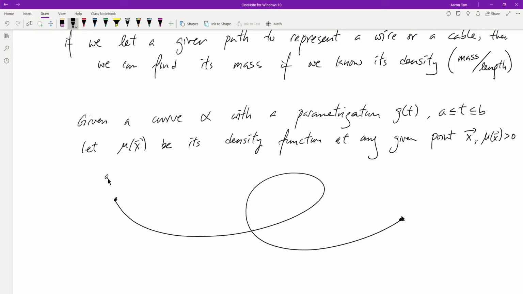Let's say here would be at t equal to A, and here would be at t equal to B. Important to understand is that they will identify this to be one particular point, and the position here would be given by g of A, and this one, the position will be given by g of B. So that would be the position.